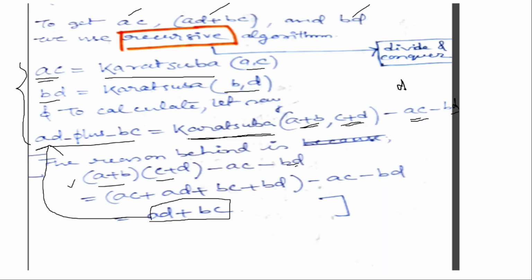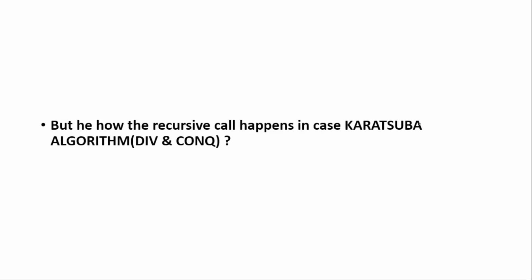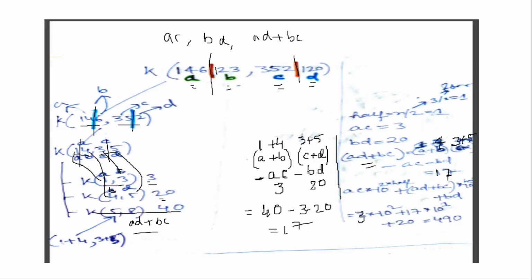We give a call for AD plus BC: Karatsuba of (A plus B) comma (C plus D), minus AC minus BD. You have to remember this. So here A plus B is 1 plus 4, C plus D is 3 plus 5, that means 5 into 8, which is 40, and then minus AC minus BD.